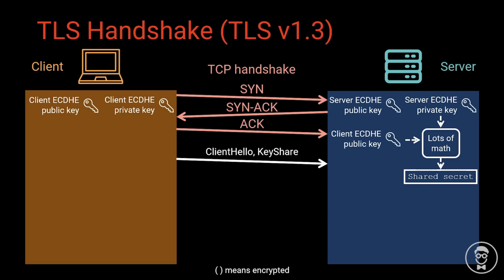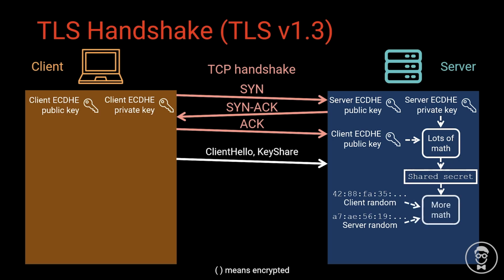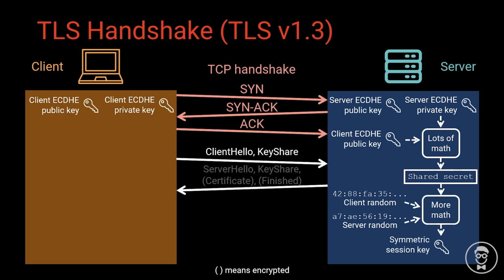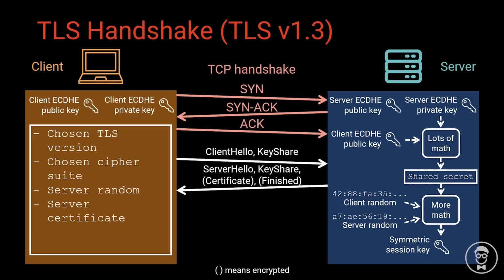As the server has the client's public key, it can immediately compute the shared secret, which is used to derive the symmetric session key. The server can then send an encrypted finished message to the client as part of its server hello package, which also includes the chosen cipher suite, server certificate, random number, and public key.